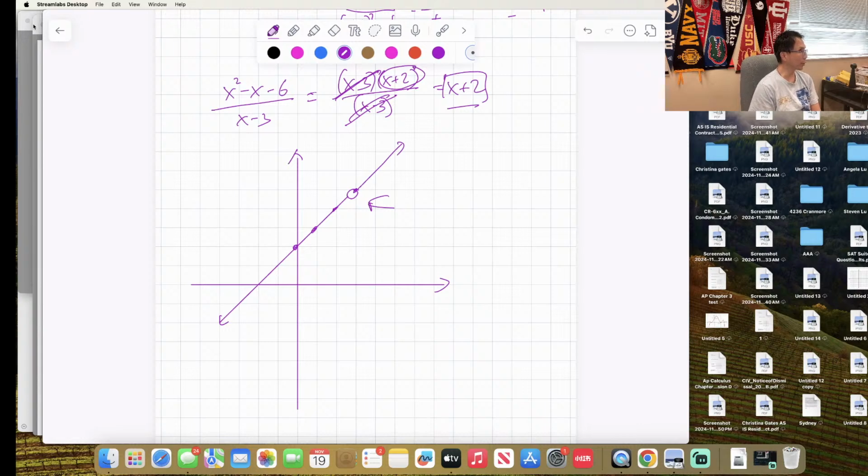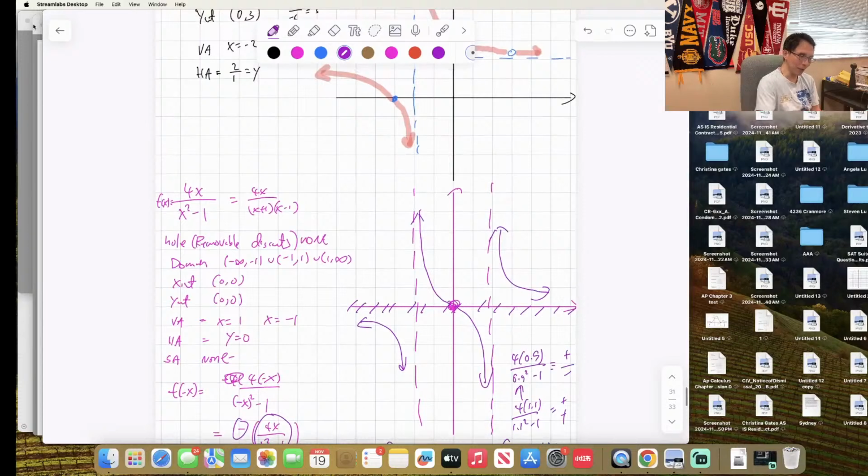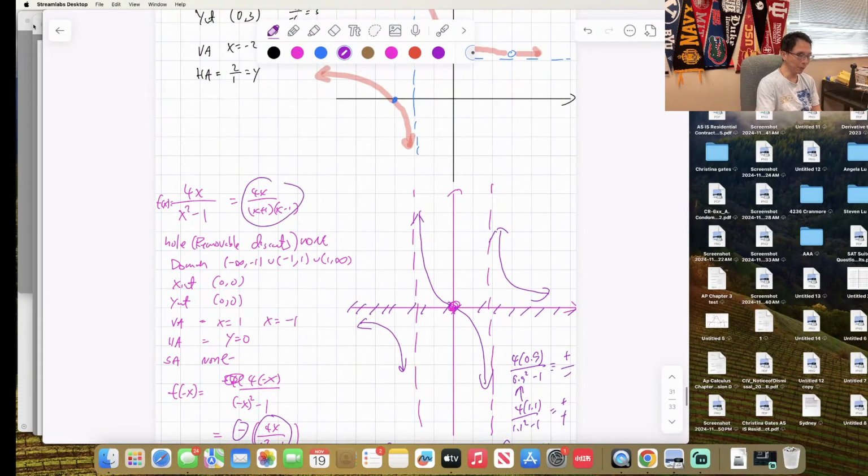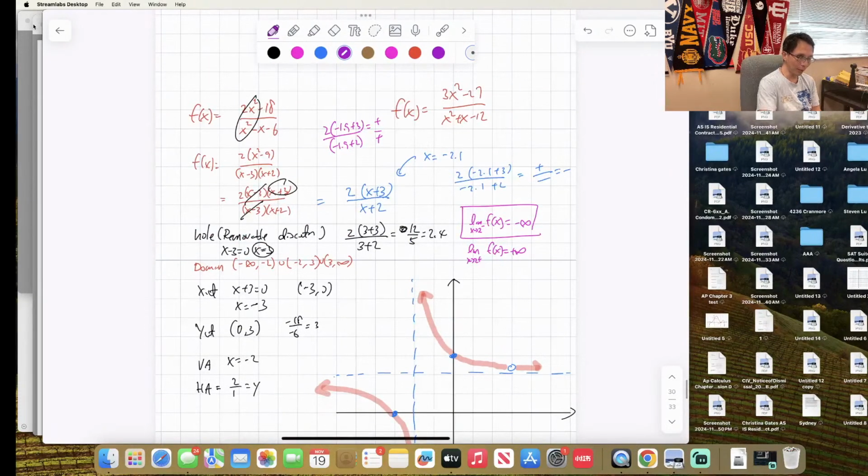It's no longer a vertical asymptote because you graph the new function. This right here is the new function. So the 3 is not a vertical asymptote. It's no longer there. It's replaced by a hole, but not a vertical asymptote.